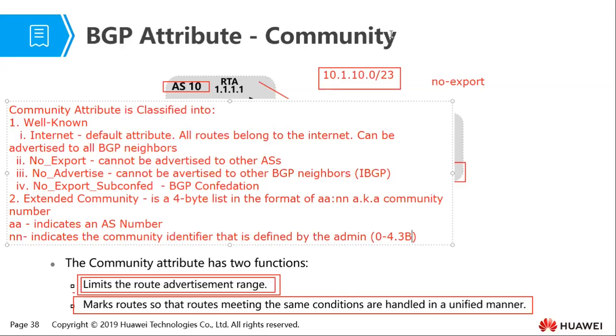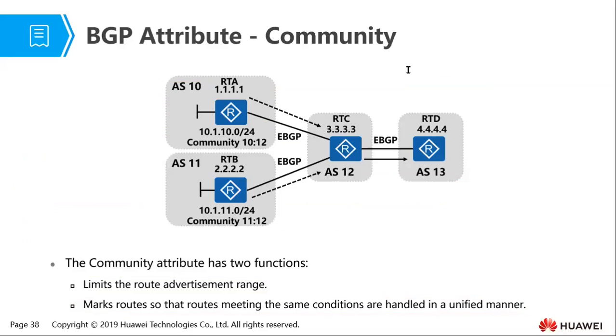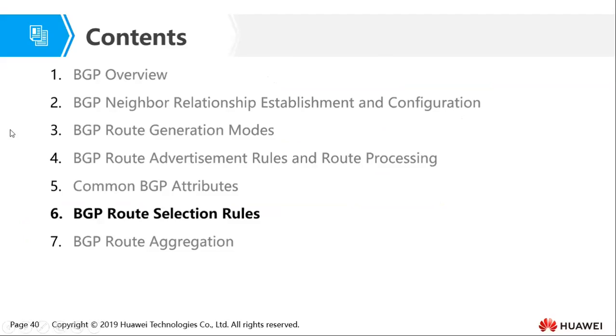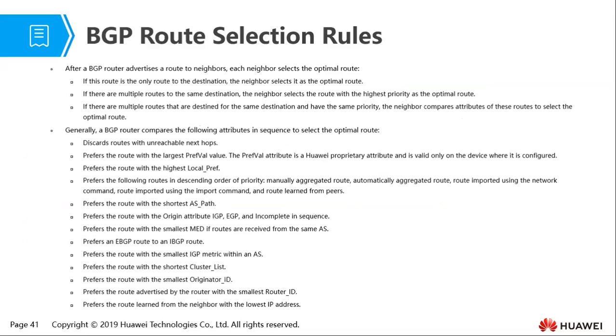So now let's look at the next. Oh, so we are done with the BGP attributes. Now we look at the BGP route selection rules. This one we're just going to read together.